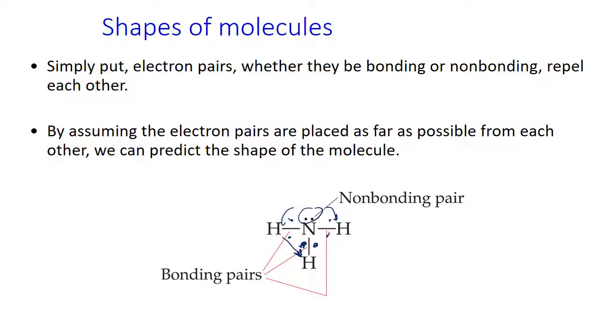So the most stable configuration for this molecule is having the nitrogen and the lone pair on top, with the hydrogens in a pyramid type shape, where the top of the pyramid is the lone pair. So that reduces the amount of repulsion between the electron pairs.